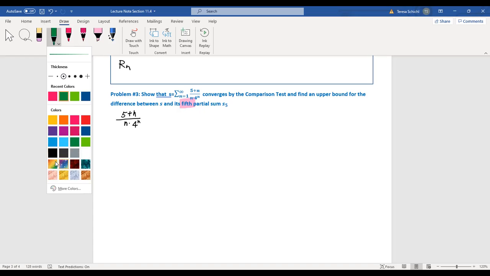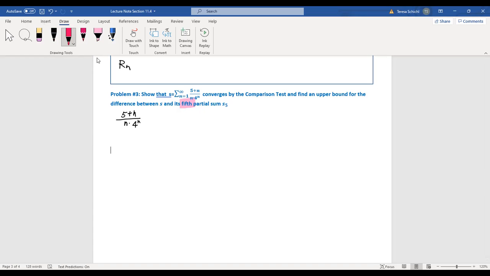By looking at this, you see this term is kind of short, like 1 over 4 to the n. So I know if it's 1 over 4 to the n, that is a geometric series. It's a pretty standard series and it's easier to compare to. So I hope that I can find that this is a geometric series.